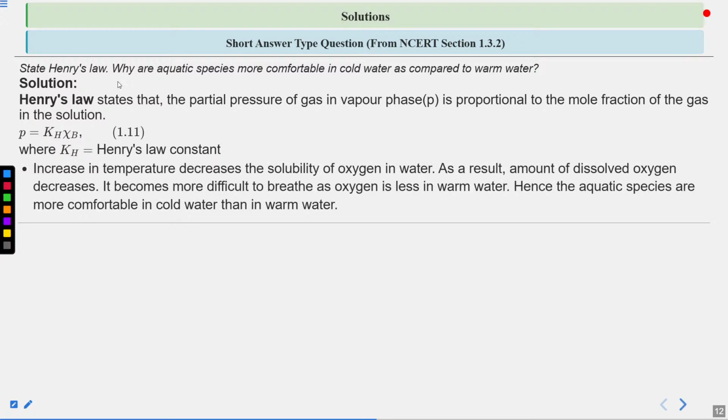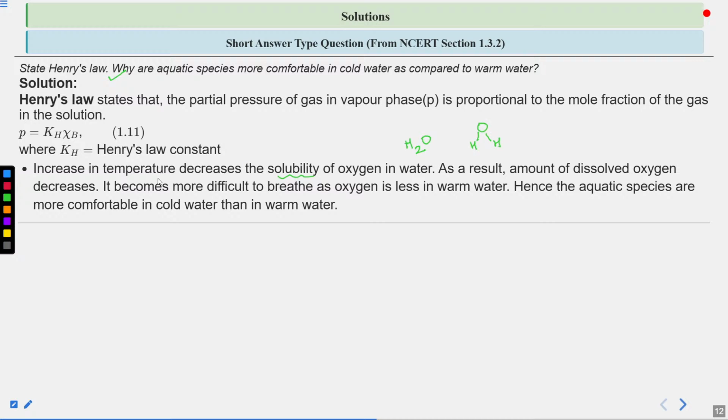Now we will answer the second question, which is why aquatic species are more comfortable in cold water as compared to warm water. An increase in temperature decreases the solubility of oxygen in the water. As you know, water has the formula H2O, and its structure you can consider like this: oxygen and two hydrogens are connected in this manner.